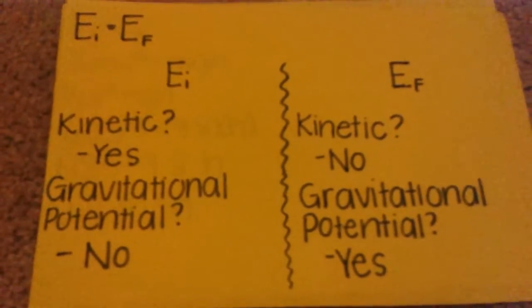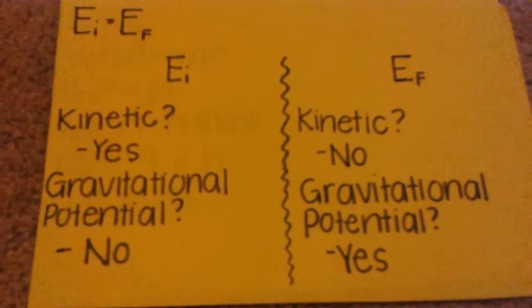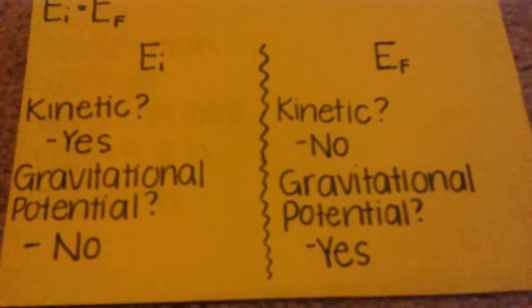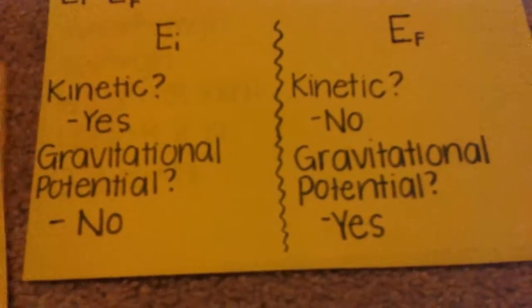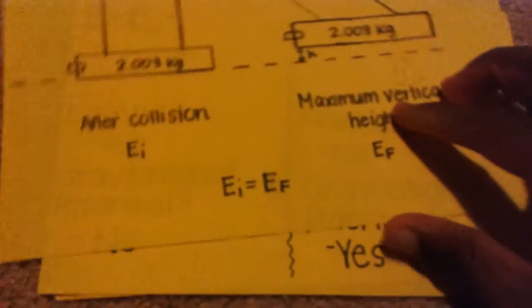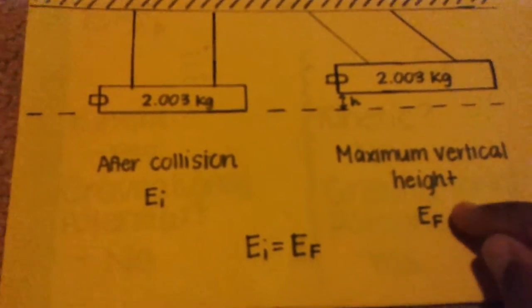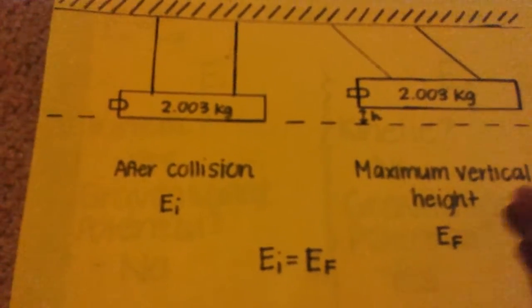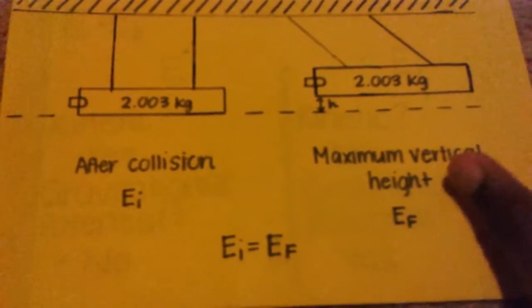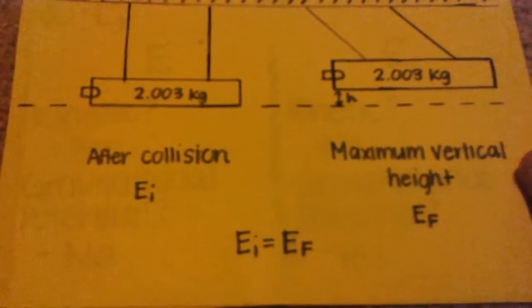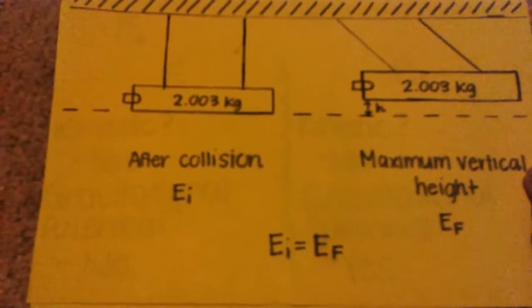Now let's observe the energy after it has reached its maximum vertical height. At this position, does it have any kinetic energy? Well, if it's at its maximum vertical height, that means its velocity is going to be 0.